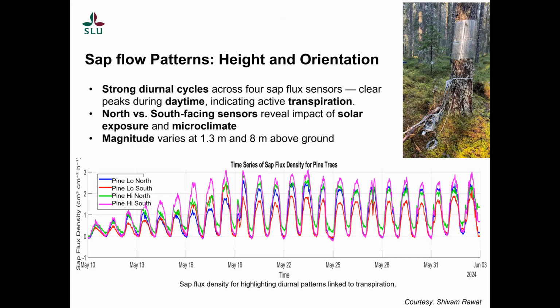In time, they align very well for all 4 sensors. But we see a huge difference if you look at the north and the south side. We also see quite some difference in magnitude if you're looking at the lower part of the trunk or if you go into the upper part of the canopy. And usually there is a time delay between what is passing through the lower trunk and what is coming to the upper part of the canopy.